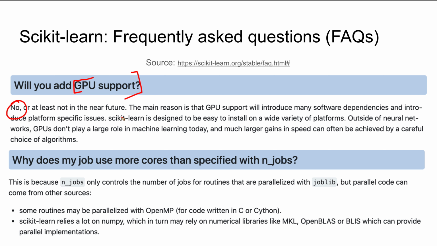However, although it cannot use a GPU, it can do parallel processing with different cores. Certain programs allow you to specify a number of cores, and if you do, it will use multiple CPU cores to parallelize the job and make the training go faster.